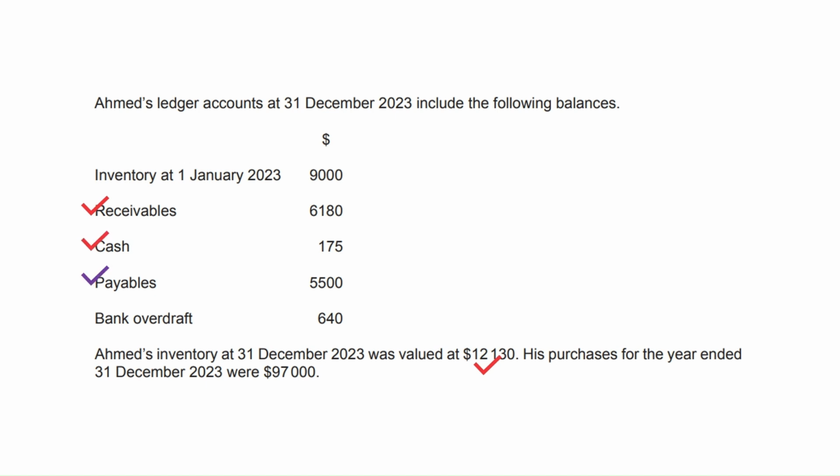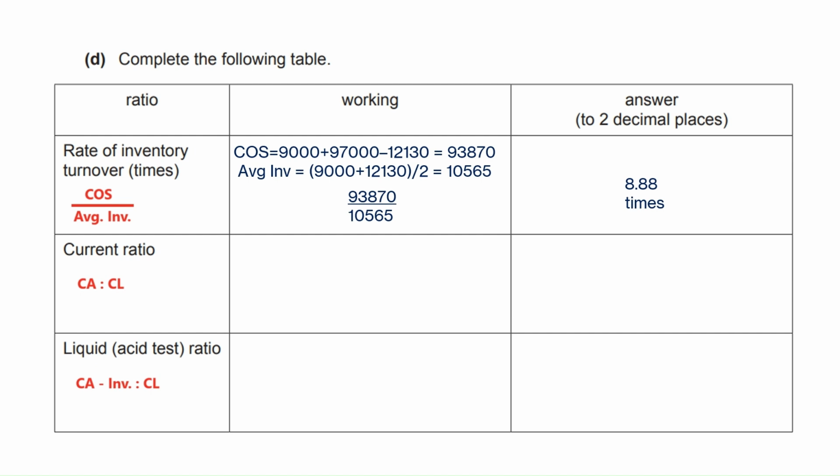But payables is a current liability, and bank overdraft is also a current liability. So we can use these figures. So current assets add up to 18,485, current liabilities 6,140. So let's try to calculate the ratio, 18,485 to 6,140. And when you simplify it, you will get a value of 3.01 to 1.